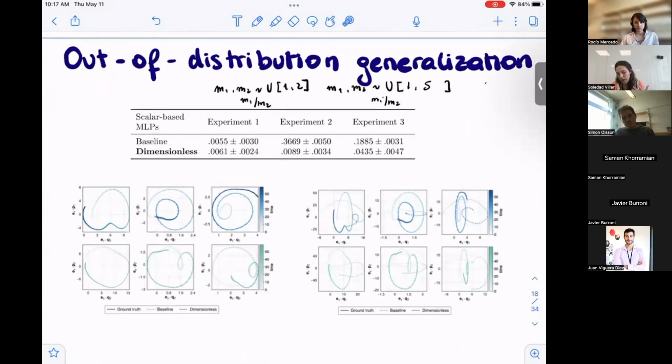And we not only observe that this works, but also that it allows you to do out-of-distribution generalization. So if you do a transformation of your input data, a scaling of the input data, you can maybe still perform well if there exists a scaling of the training data that is close to the new data that you give it.